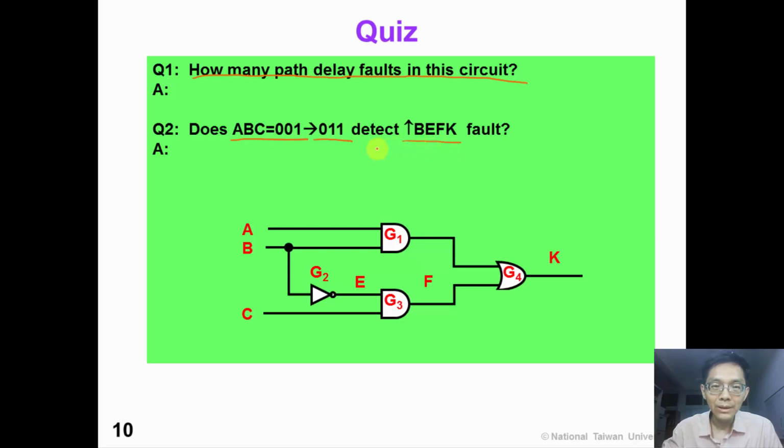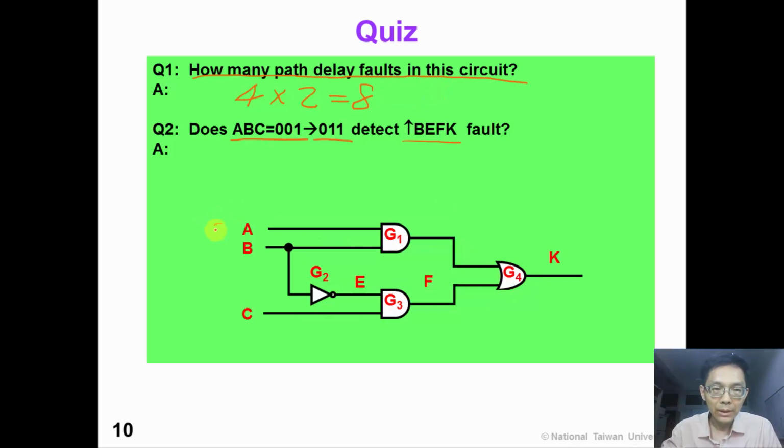Have you done yet? In this circuit, we have 1, 2, 3, 4, totally 4 paths times 2 polarity. So we have 8 path delay faults.